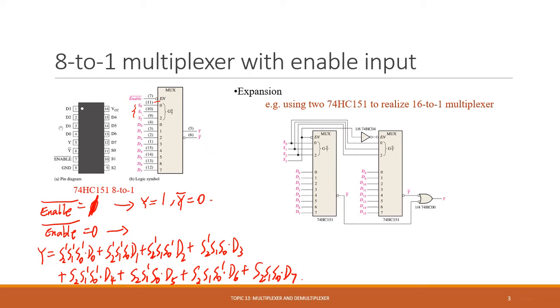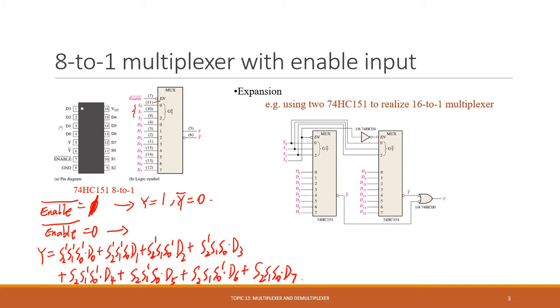And just like the decoder, we can use the enable input to cascade two multiplexers together to make a bigger multiplexer. Like in this case, we have two 8 to 1 muxes here, and we can cascade them into a 16 to 1 multiplexer. Because for the 16 to 1 mux, we need 4 select inputs.